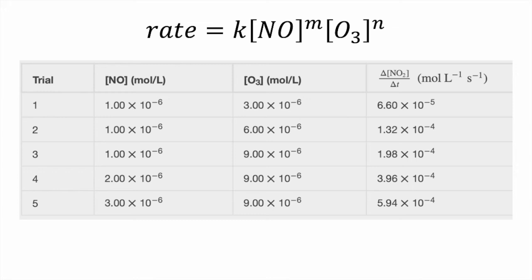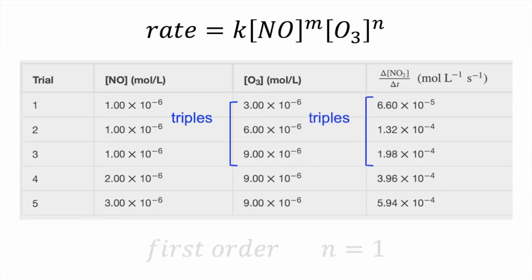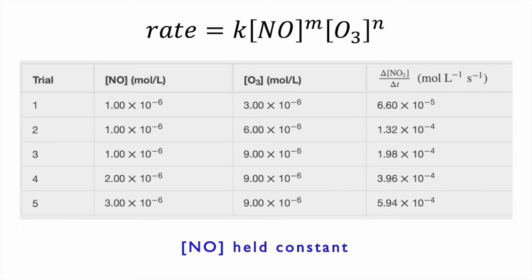First, we're going to find m, the order that's on the nitrogen monoxide. Notice that when the concentration of NO doubles, the rate also doubles. When the concentration of NO triples, the rate also triples. So the order of this reaction in NO is 1. We're going to now find n, the order of the reaction in ozone.